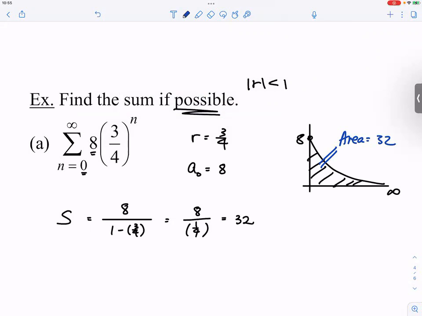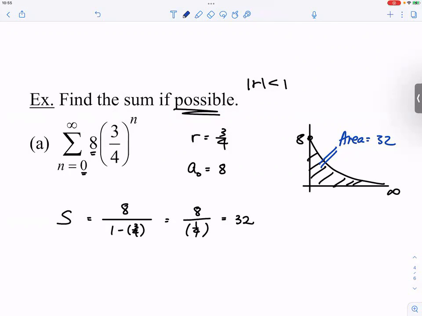You can actually calculate the area is 32. Now, that's a concept in calculus that I don't need you to fully understand right now, but I just want to show you so that you know what you're calculating. And that's why we say it's possible to find out the area, because it's a restricted region.